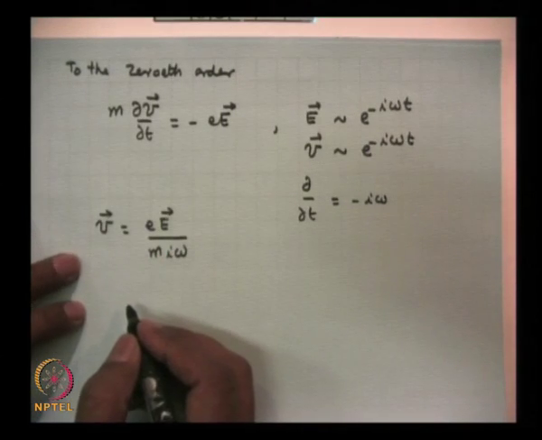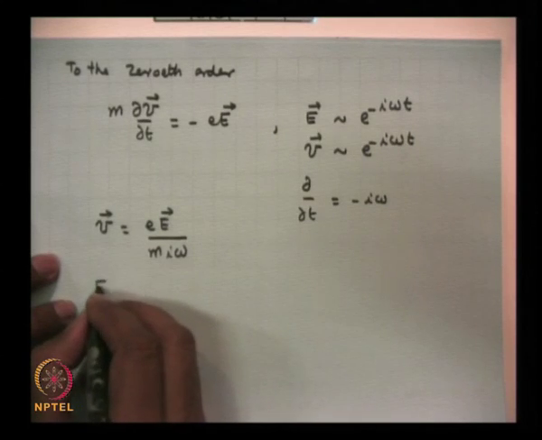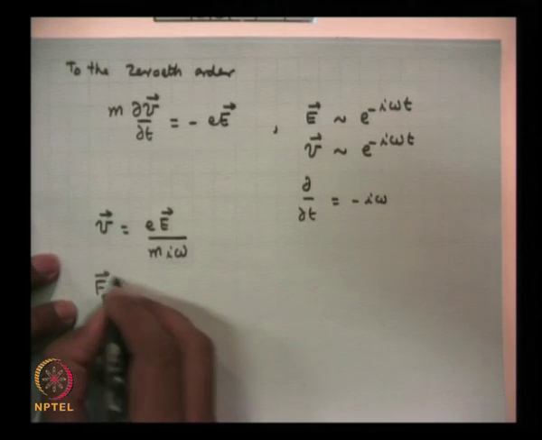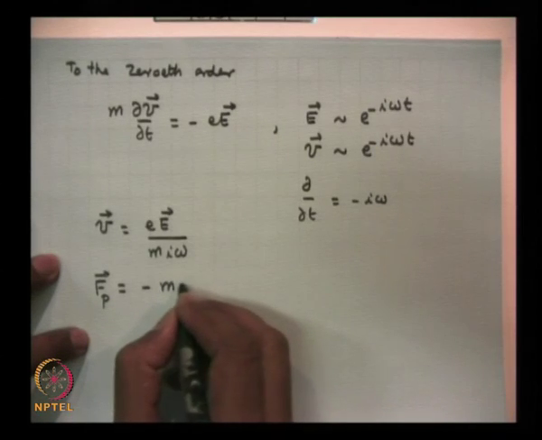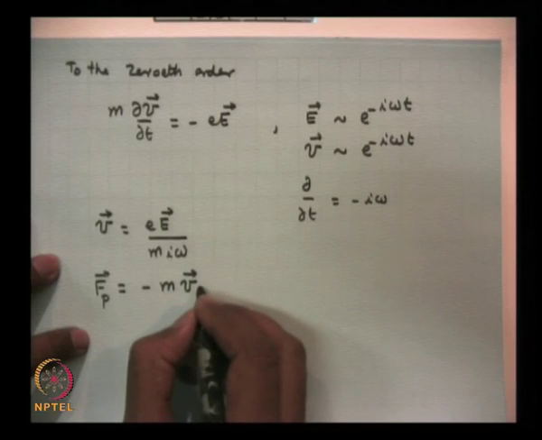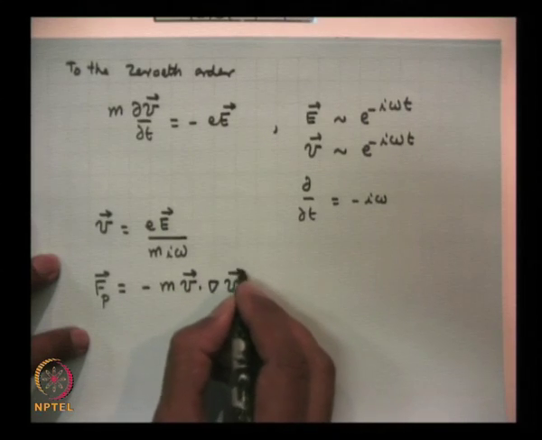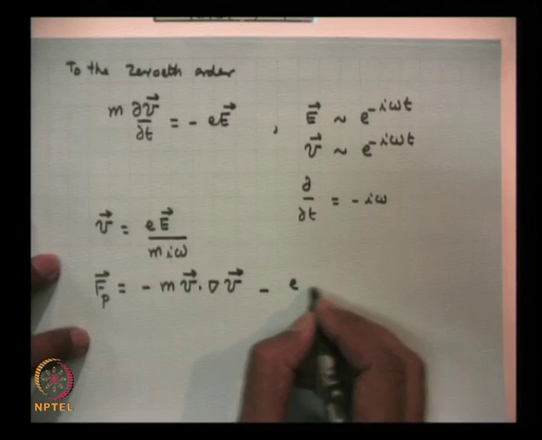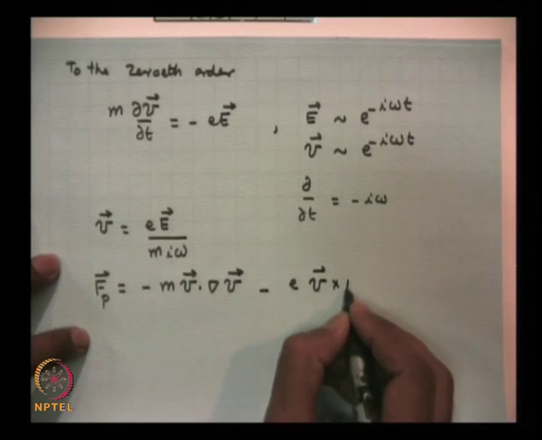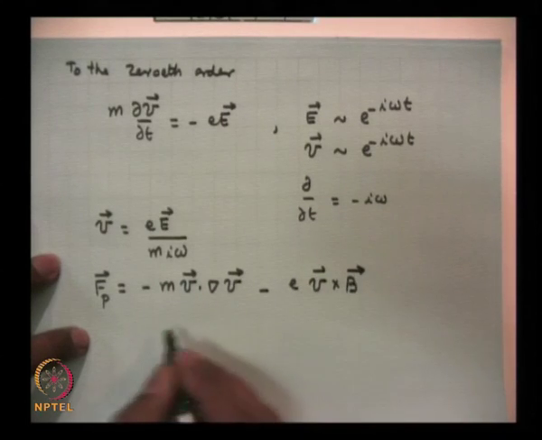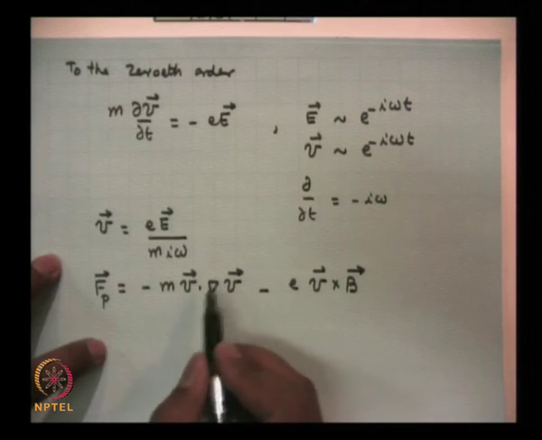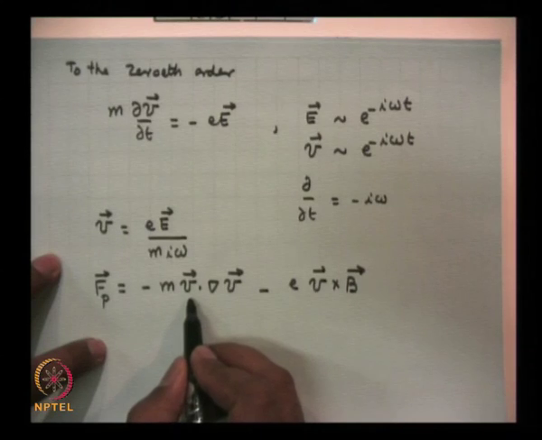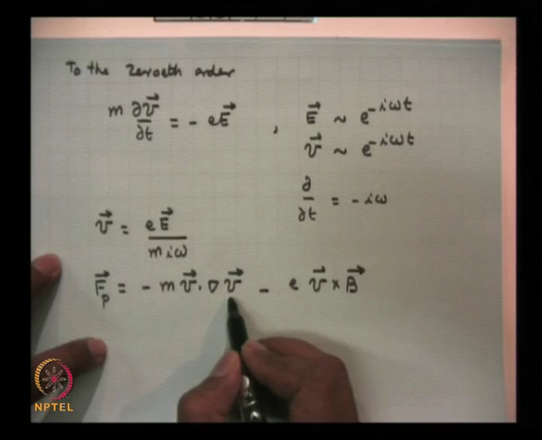So, now my goal is to calculate the Ponderomotive force Fp, which is equal to minus m v dot del v minus e v cross B. I will have to use the complex number identity to evaluate these products, because here really real part of v is to be placed here and real part of v has to be used here.